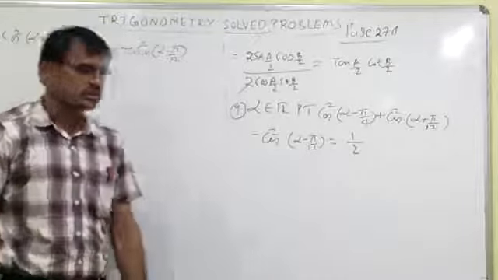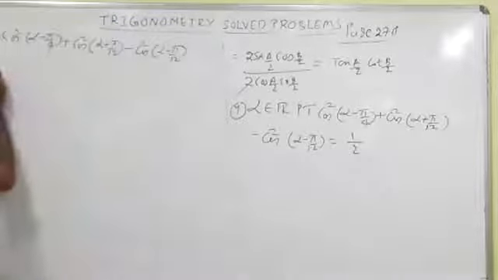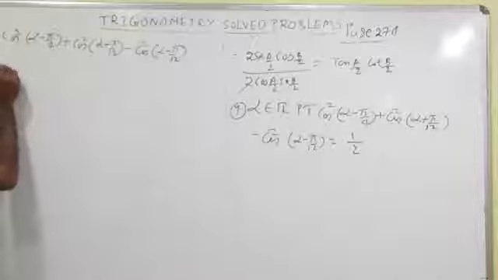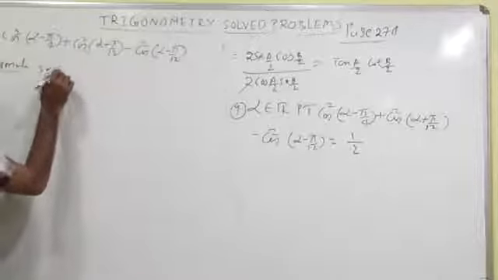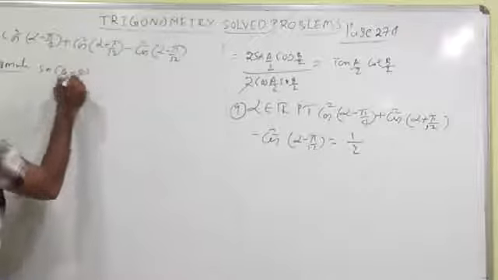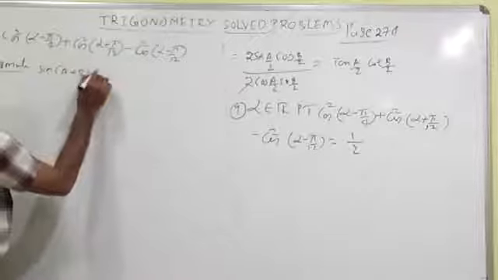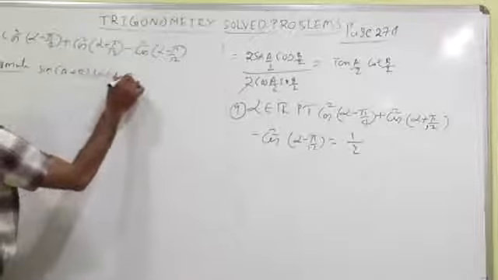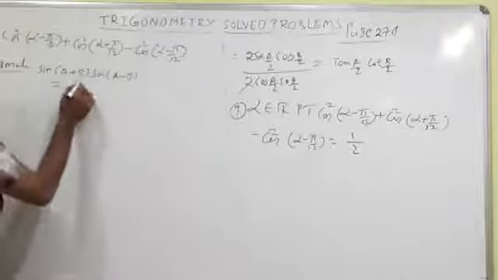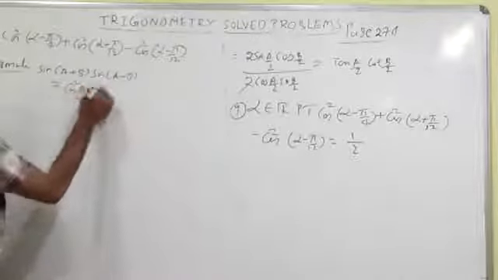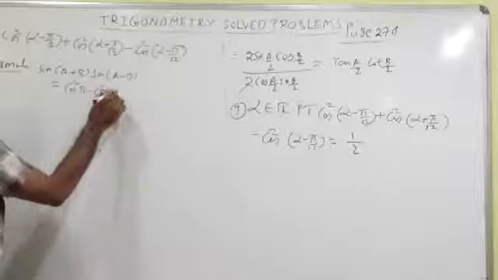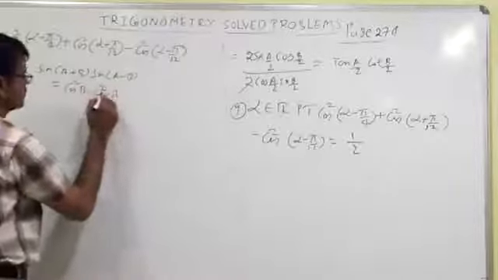One formula is there. The formula of sin(A plus B) into sin(A minus B). Sin(A plus B) into sin(A minus B) is equal to cos square B minus cos square A.